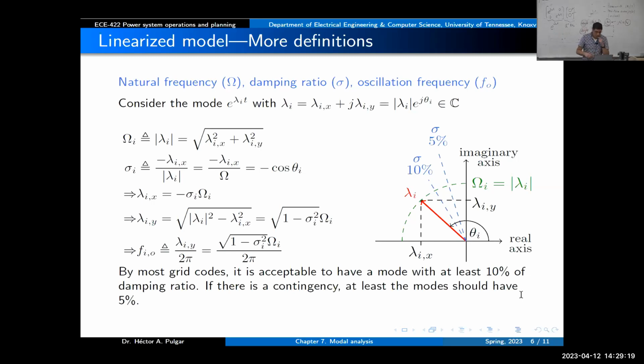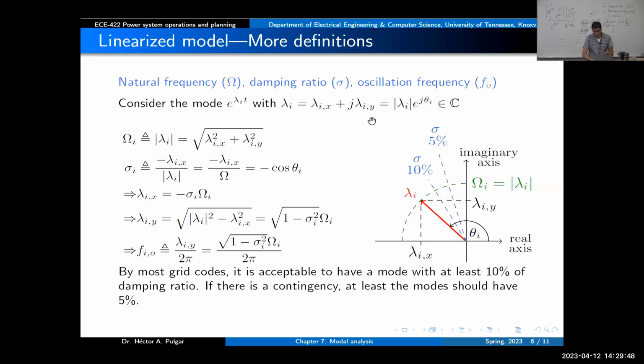Yeah. The definitions. If you have an eigenvalue lambda i, that mode will have a real part and an imaginary part. This is in rectangular coordinates. In polar coordinates, it's going to be the magnitude of that complex quantity multiplied by exponential of j theta i, which is the angle of that component.